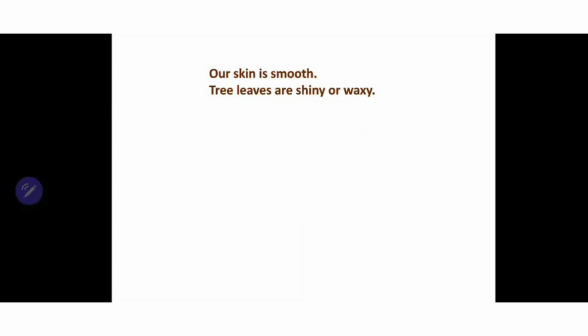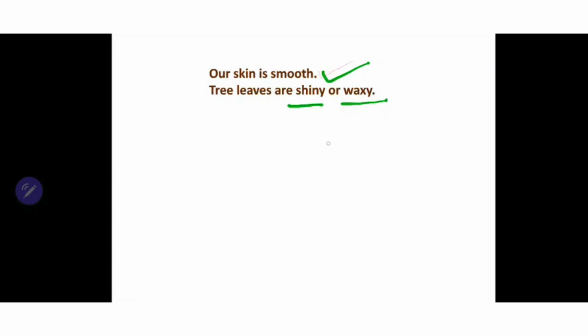When we compare some features of our world, our skin is smooth, and it has the smooth characteristics. That smoothness comes from the origin of the universe, from the sphere surface. And also the tree leaves are shiny and sometimes waxy.